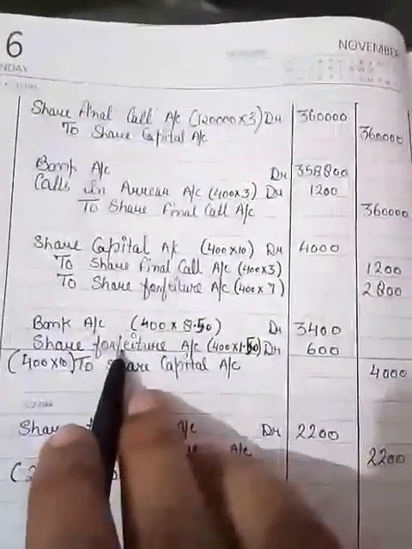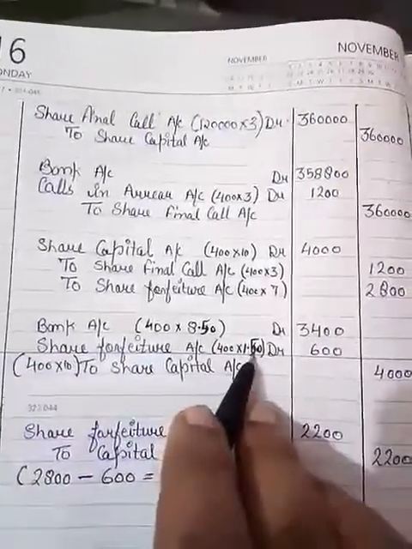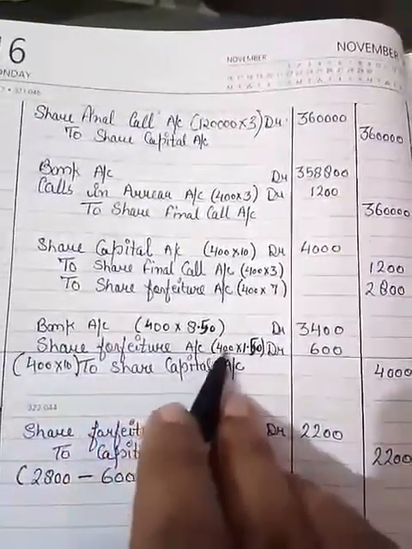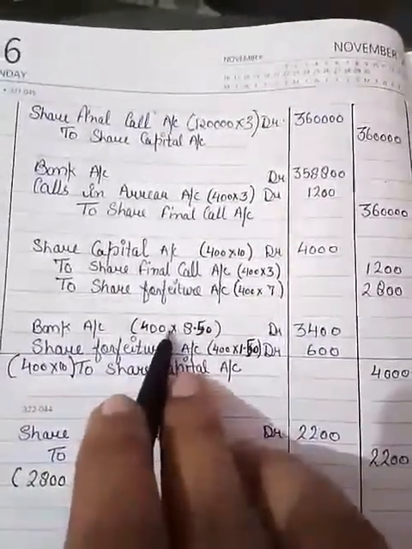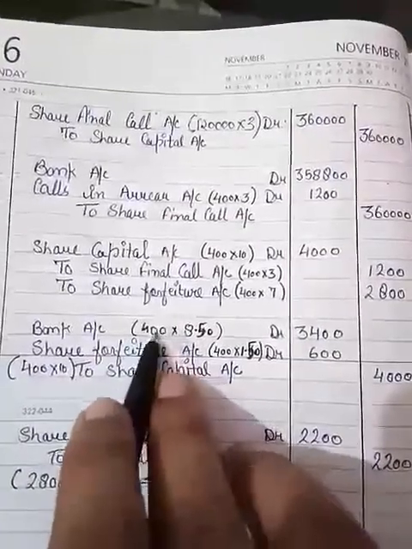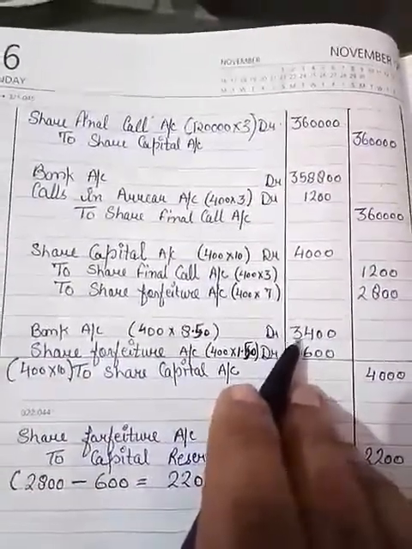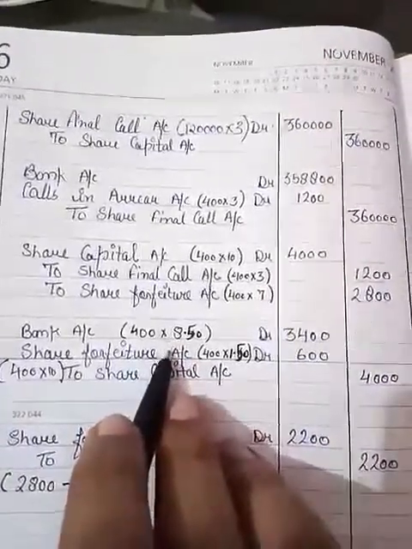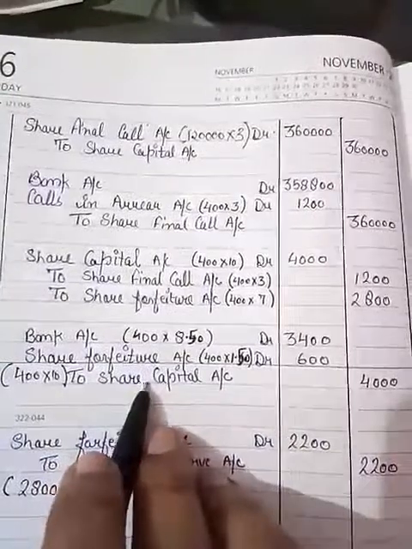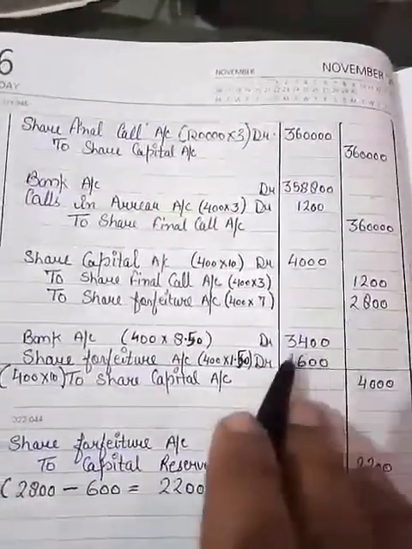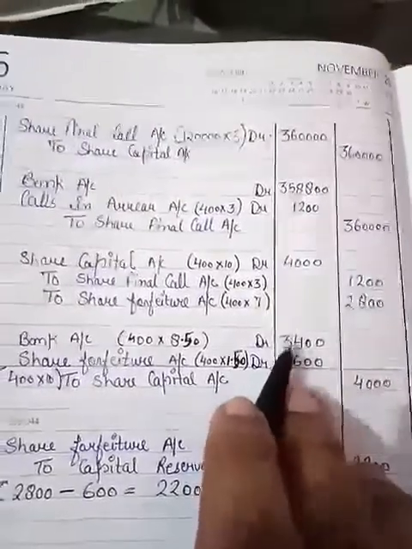The discount we are giving is 1.50, because we are issuing at 8.50, so the forfeiture debit will be 400 into 1.50, that is 600, and the amount we are receiving on reissue is 400 into 8.50, that is 3,400. So bank account debit, share forfeiture account debit to share capital: in share capital 4,000, discount of 600, and we are receiving 3,400.